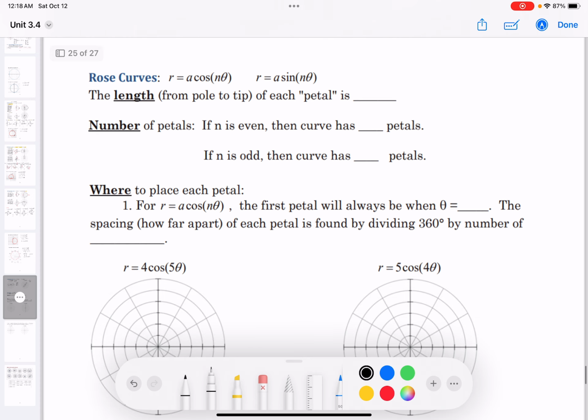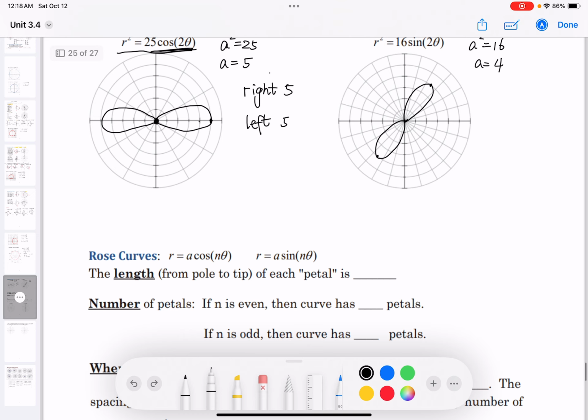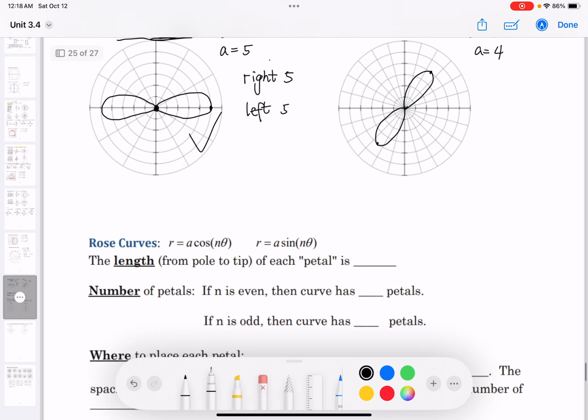Okay, let's see, rose curve. If I have r is equal to a times cosine n theta, or r is equal to a times sine n theta, we have n theta. That means the shape has more petals. For example, this one, inside we have 2, we have 2 petals.